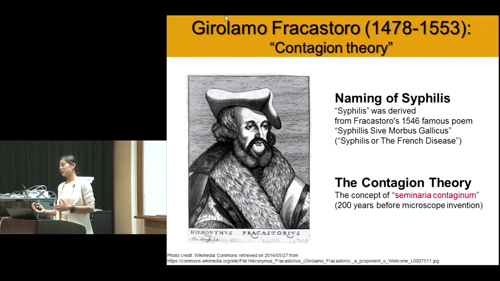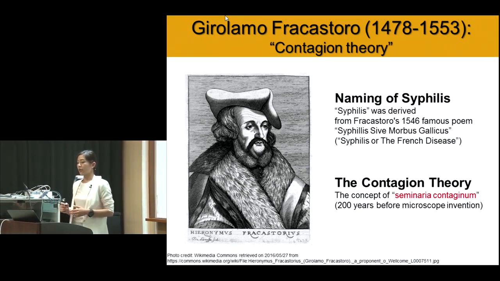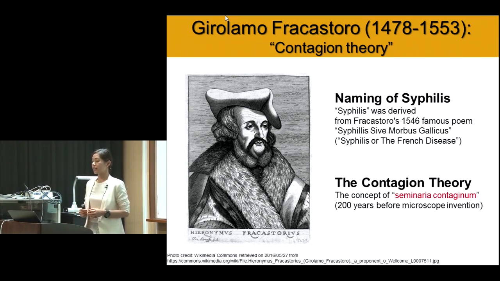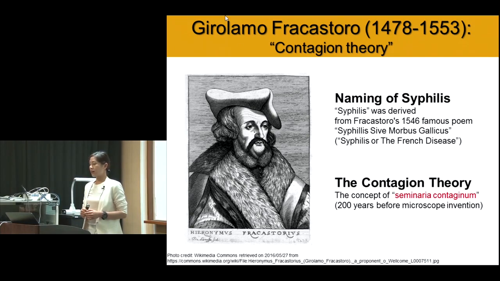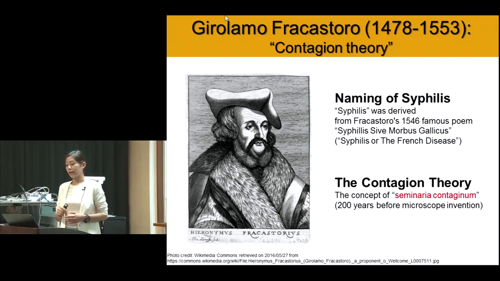Again, returning to the historical views of the causation of infectious disease, Fracastoro was an Italian physician, a poet, an astronomer, and also a geologist. He was also an important historical figure from the 16th century.